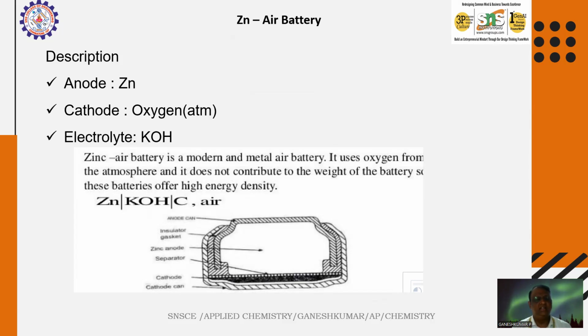So the anode is zinc, the cathode is oxygen, and the electrolyte is potassium hydroxide. We call the Zinc-Air battery a modern battery because it is lightweight, uses atmospheric oxygen, and offers a high energy density. And the typical cell representation is Zn | KOH | C, O2.